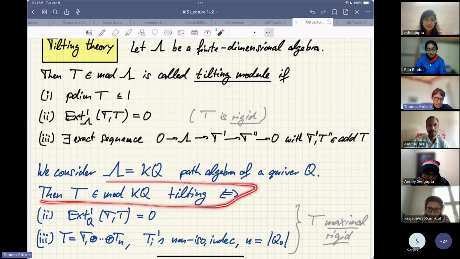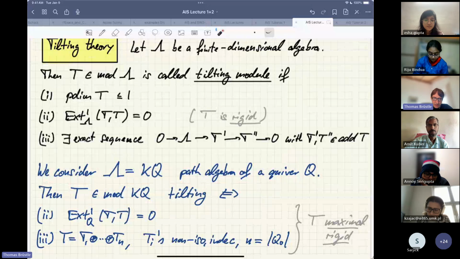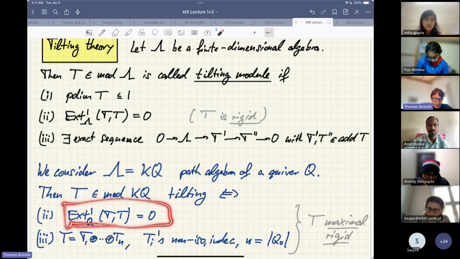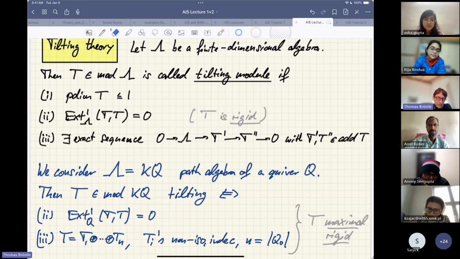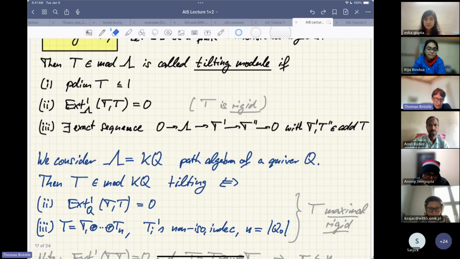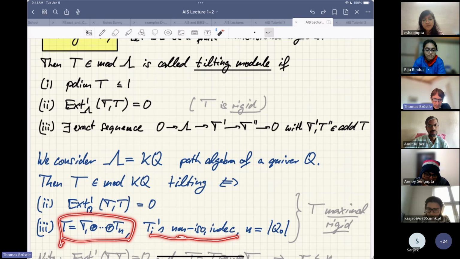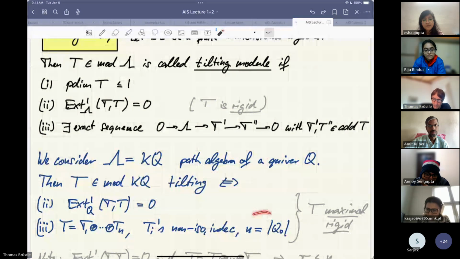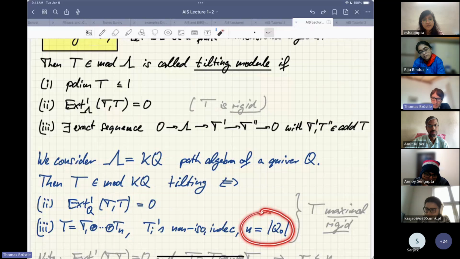And I find that a representation over Q is a tilting module if and only if, still being rigid, has no self-extensions, and the third condition can be reformulated in the following way. It is the largest possible rigid module. So if I write my module T as a sum of n indecomposable objects which are pairwise non-isomorphic, then this number n is the number of vertices in the quiver.